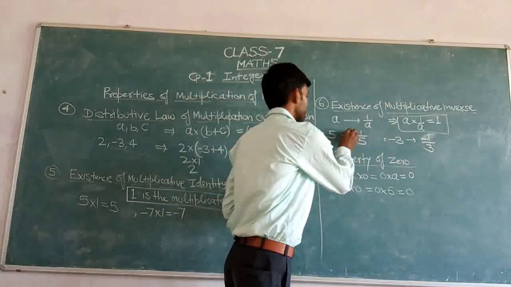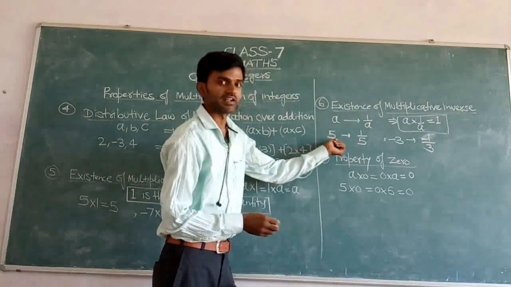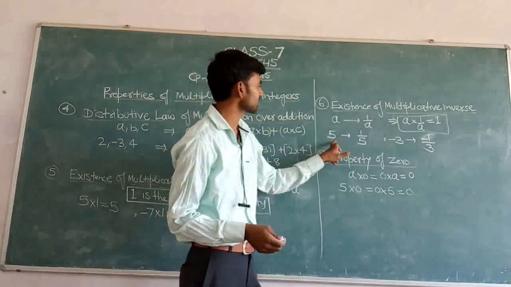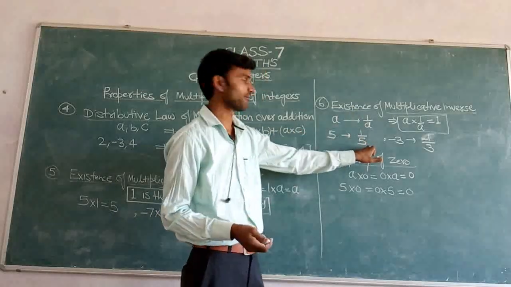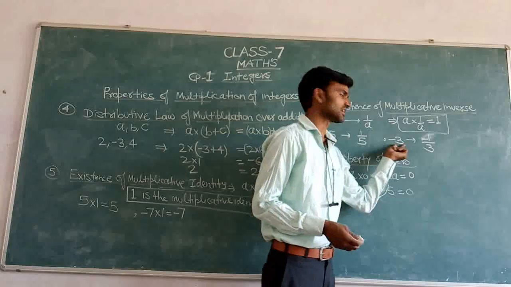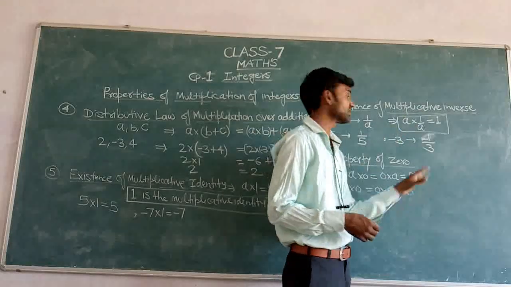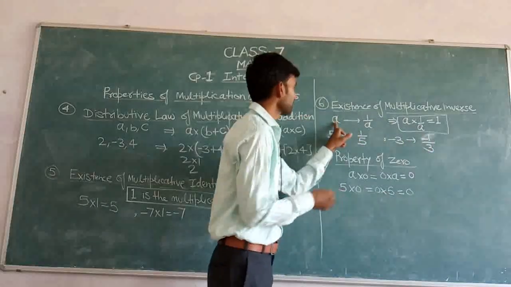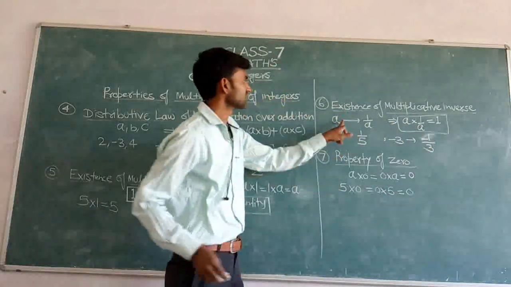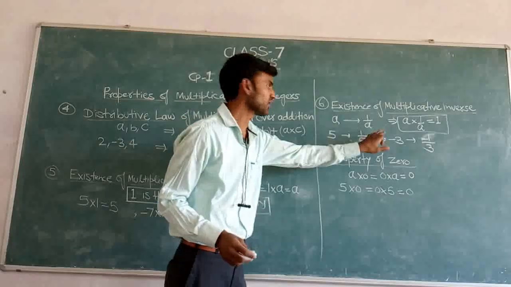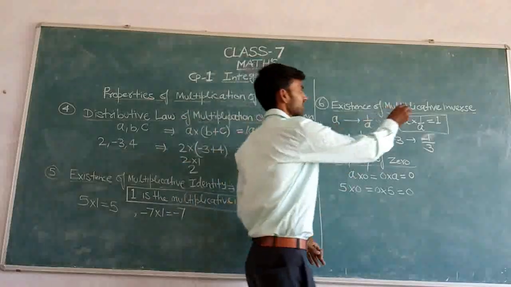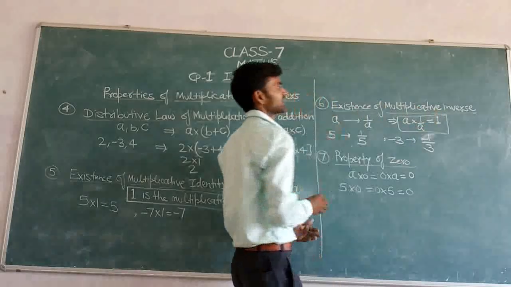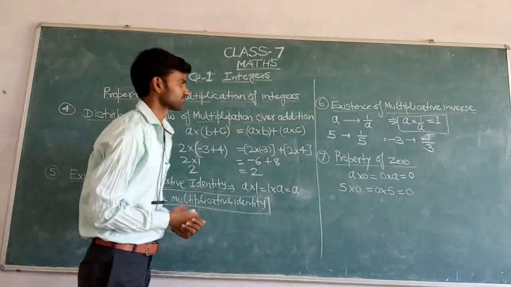Look at the example. 5 is an integer; to find its multiplicative inverse, it is 1 upon 5. Minus 3 is an integer; its multiplicative inverse is minus 1 upon 3. It means when an integer is given, just invert it: 1 upon a. So this is the property of multiplicative inverse.